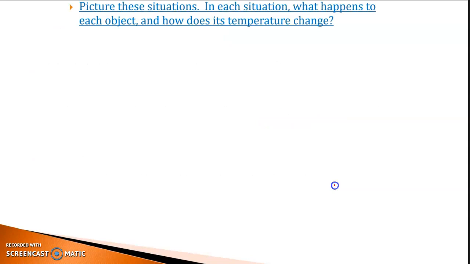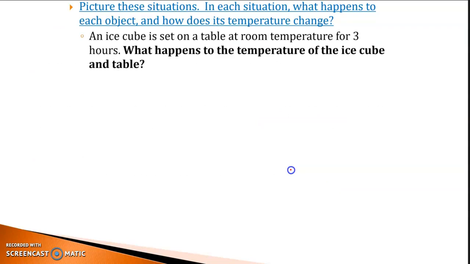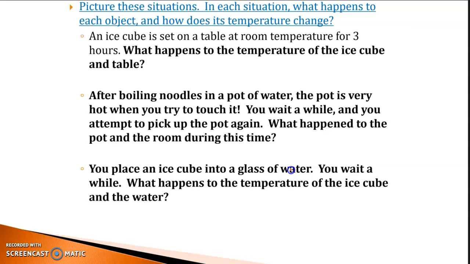All right, what I want us to think about next here is a few different situations, some everyday situations. We have an ice cube on a table at room temperature set for 3 hours. What do you think is going to happen to the temperature of the ice cube and table? This next one is about boiling noodles in a pot of water. The pot is hot when you touch it, but then after you turn off the stove, you pick up the pot again.